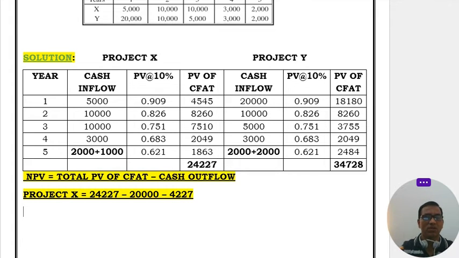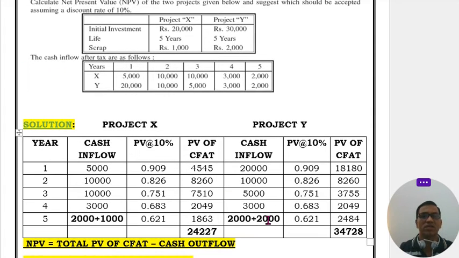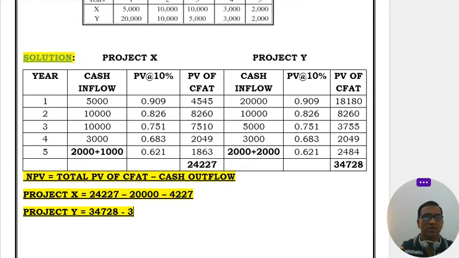That is 4,227. What about project Y? Total PV of CFAT 34,728 minus the cash outflow, that is the cost of the project, 30,000, that is 4,728.